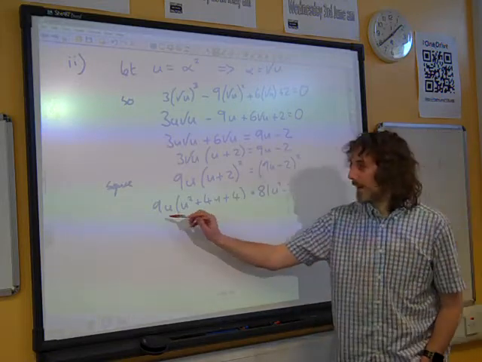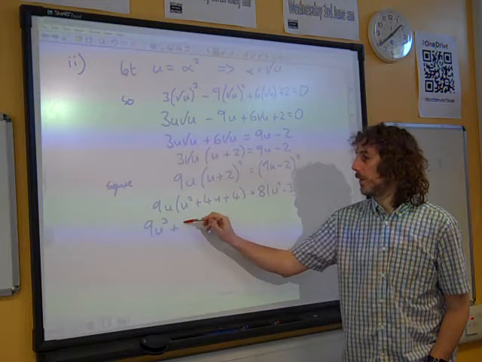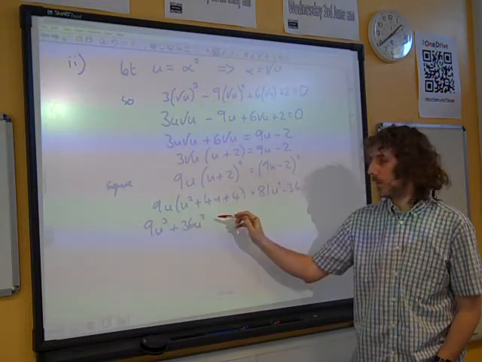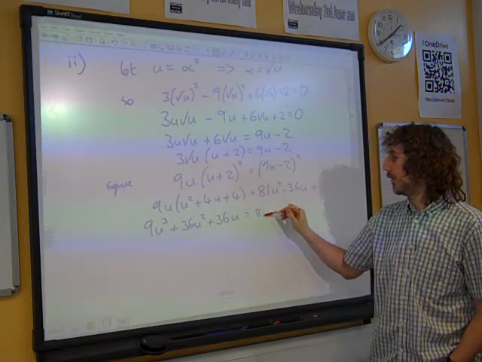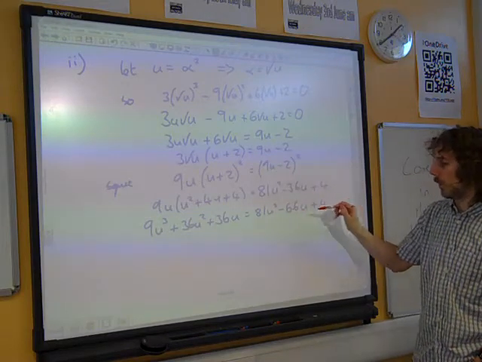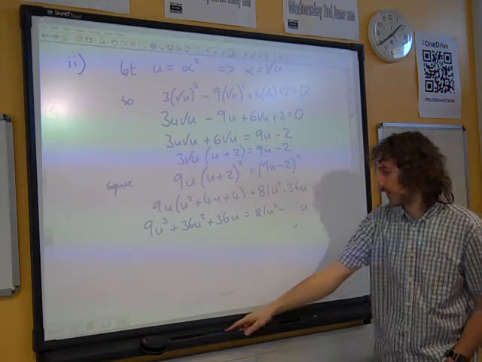So I have 9u cubed plus 36u squared, 9u times 4u, plus 36u is 81u squared minus 36u plus 4, and for no apparent reason I wrote 6 there instead of 3.